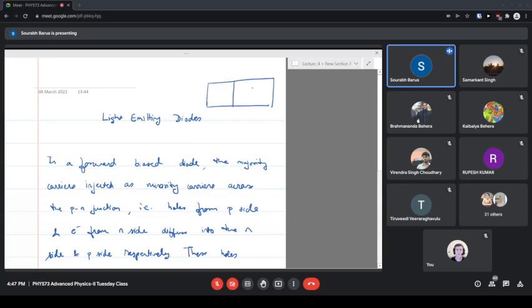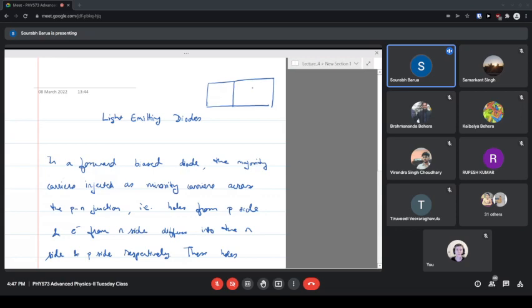Brahmanand. So what Brahmanand just told a little bit ago was that the electrons and holes which come into this depletion region recombine and then they give light. So that is exactly what is happening in a light emitting diode. When this diode is forward biased, holes and electrons are pushed into the depletion region.